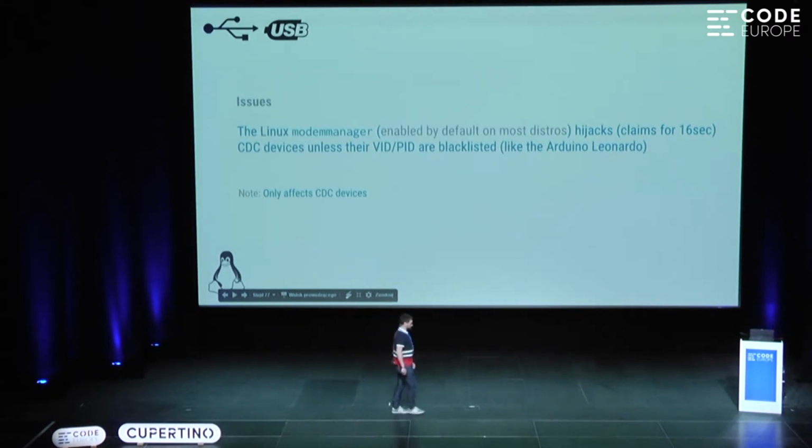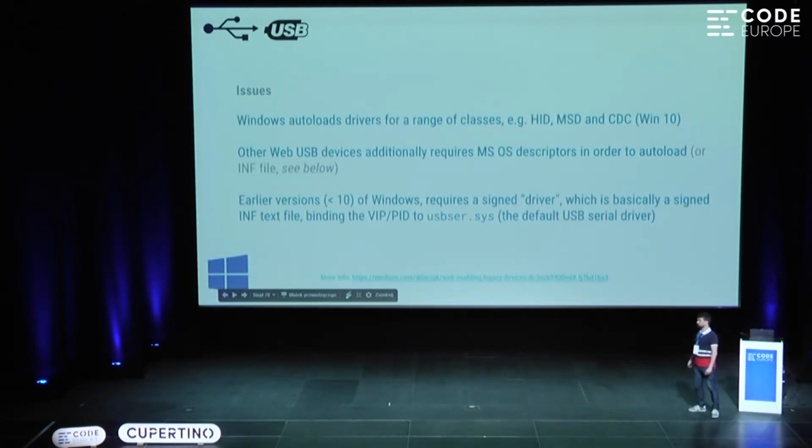There's a way to get around that by fixing ModemManager and getting your device whitelisted. But getting that into a distribution like Ubuntu can take up to 2 years. But if you work on Chrome OS, just send the patch to Google through the Chromium bug tracker, and they'll integrate it as quickly as possible. They really want these things to work for you. On Windows, there are also a lot of different problems, and the basic takeaway is that it works on Windows 10. On older versions, it's really, really difficult.